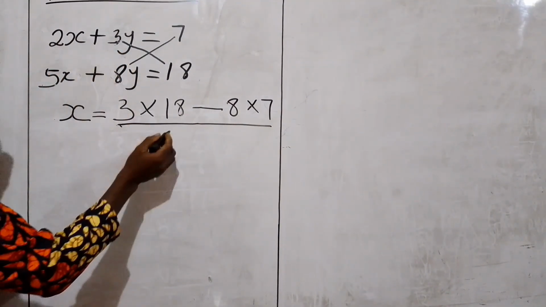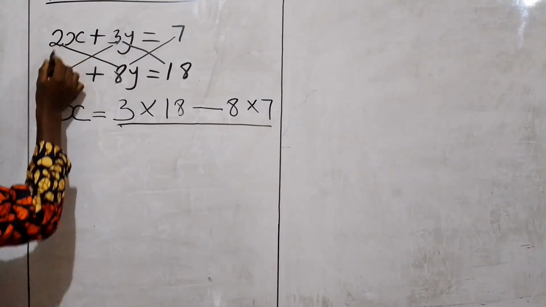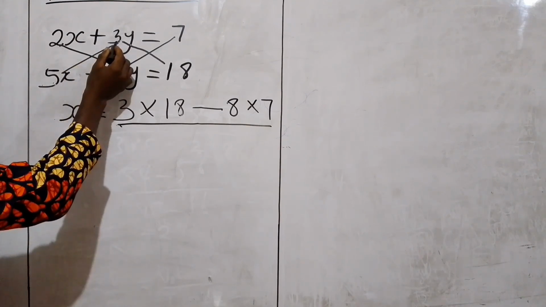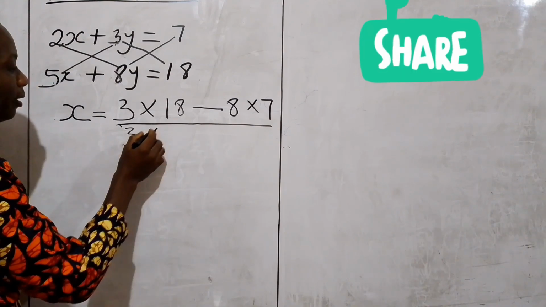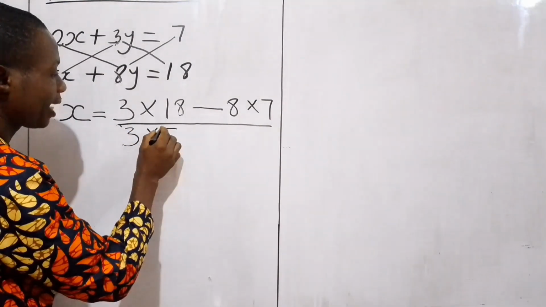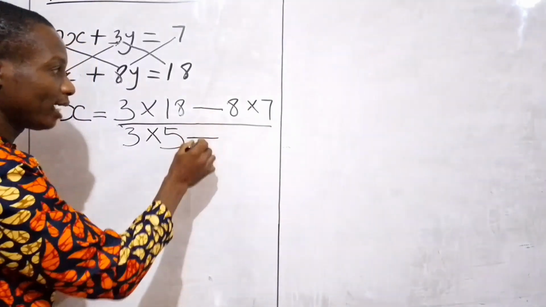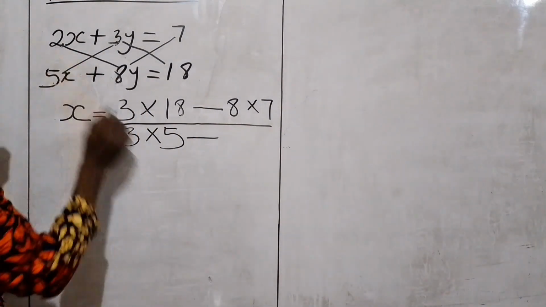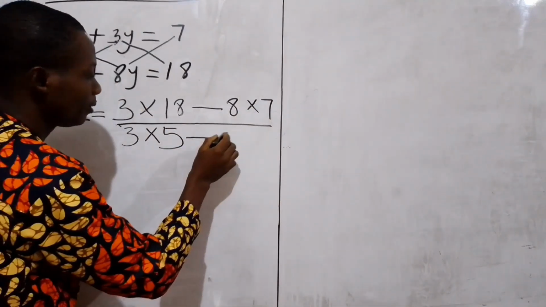We are dividing, so cross multiply the coefficient of y with that of x, starting with 3. So we are still going to have 3 times 5, then minus again. Bring in this minus yourself. Then minus 2 times 8.